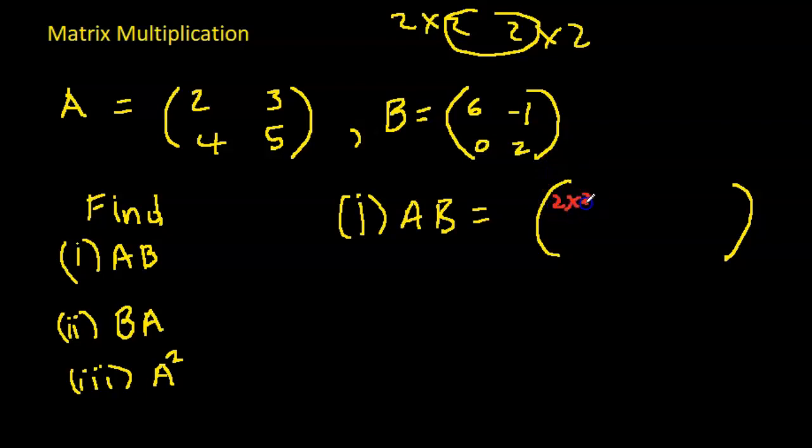So 2 times 6 plus 3 times 0, which is 0. Then we apply 2, 3 now to minus 1, 2. So 2 times minus 1 plus 3 times 2.